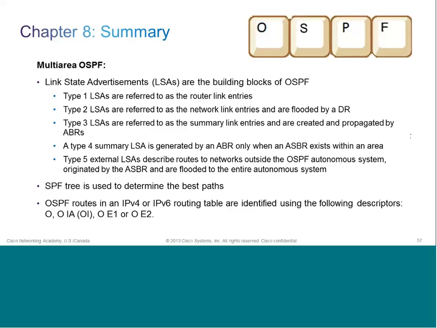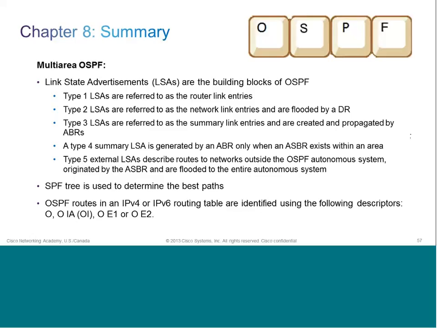The shortest path first tree is used to determine the best paths. OSPF routes in an IP version 4 or IP version 6 routing table are identified using the following descriptors.